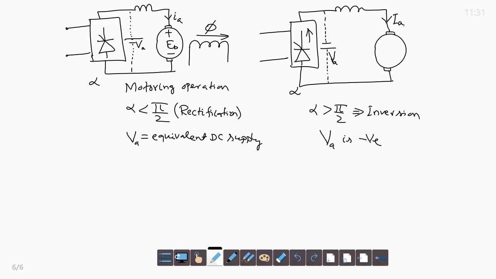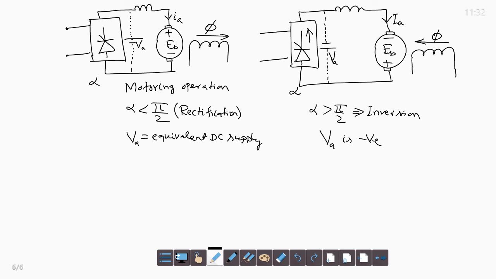How to get regenerative braking action? The technique is, the field flux is reversed. For regenerative braking action, field flux is reversed in polarity. Field polarity is changed, so that field flux reverses direction. So, while the motor was operating in one direction, when the field flux is reversed, immediately back EMF polarity reverses. Now, we can see this equivalent circuit.